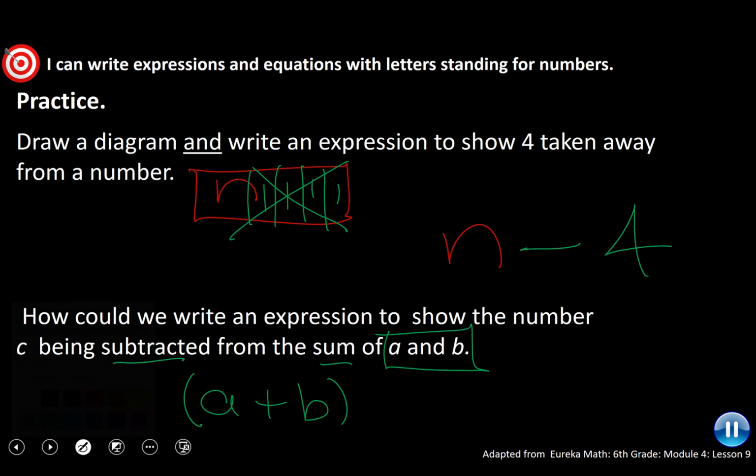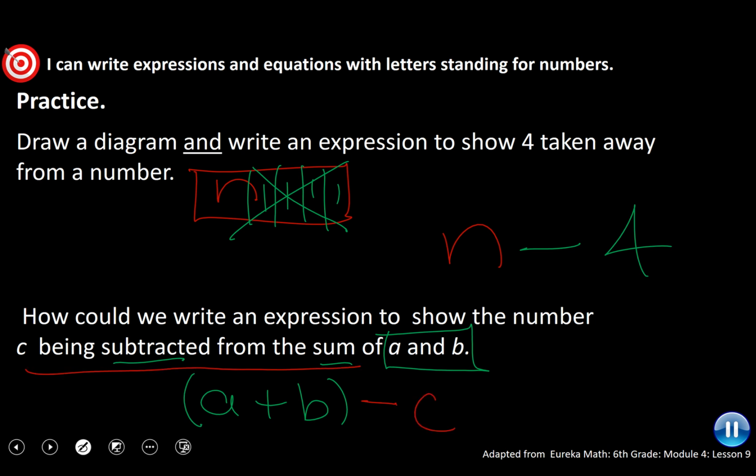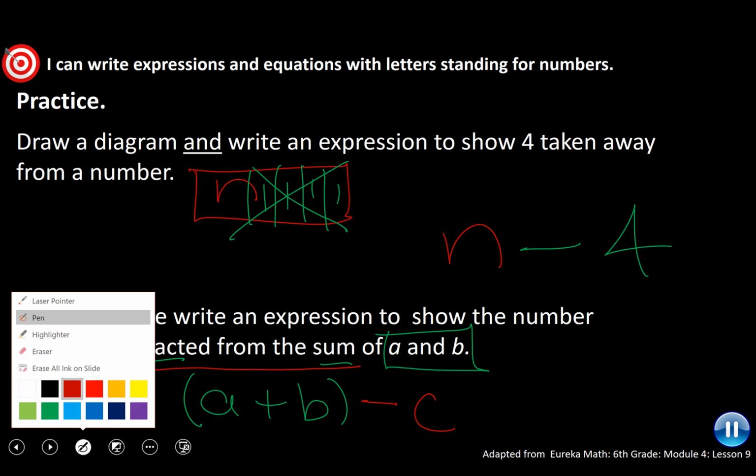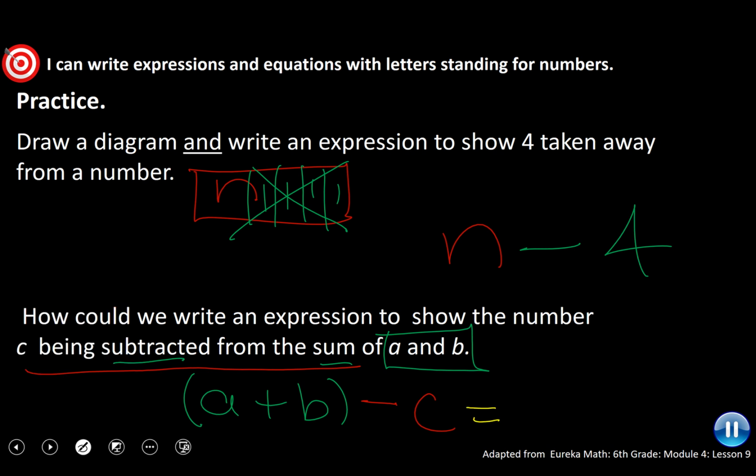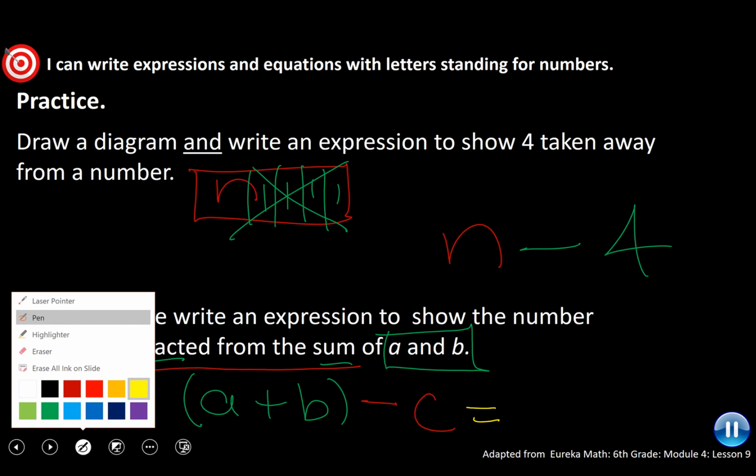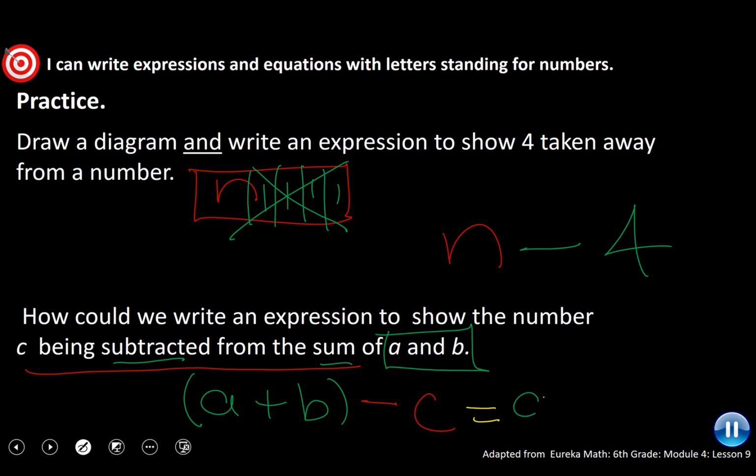And then it says, the number c being subtracted from the sum of these. So then I'm going to subtract c. So it would be a plus b minus c. We don't actually need to use these parentheses because of the order of operations. A plus b minus c would be just fine.